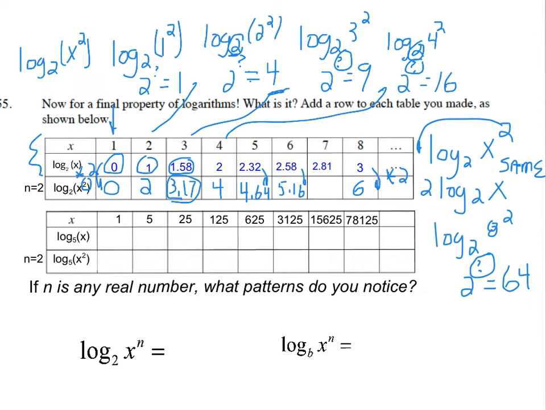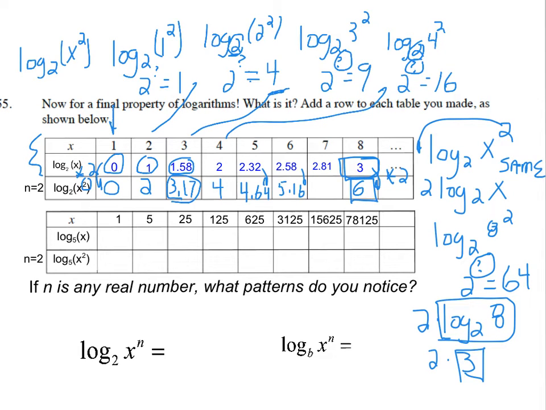Go ahead, type it in your calculator. 2 caret 6, you're going to get 64. And isn't that the same as 2 times the log base 2 of 8? Because the log base 2 of 8 is 3. That's what we got right here. 3 times 2 gives us 6.